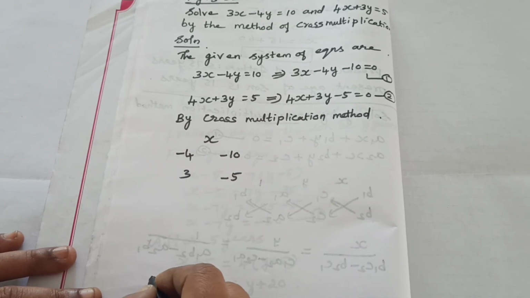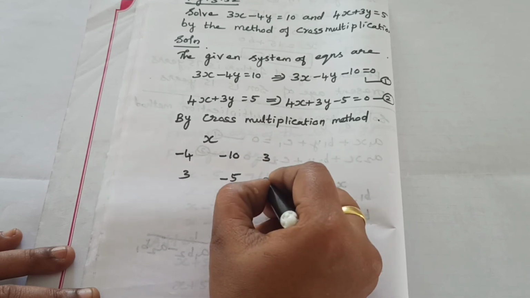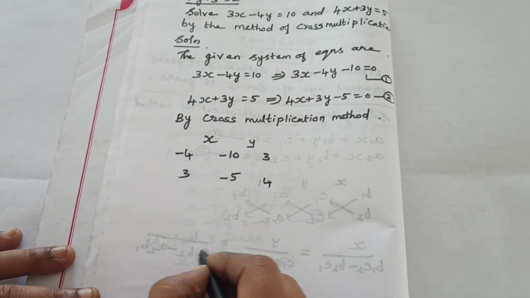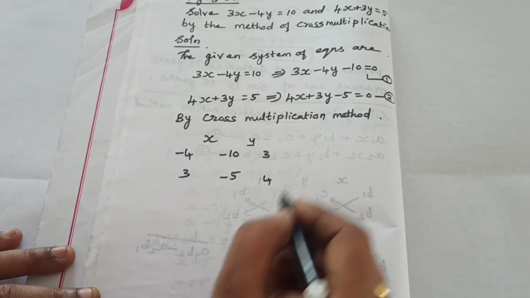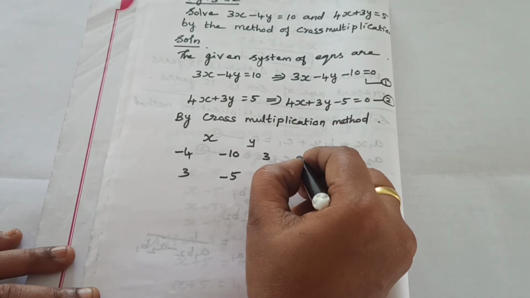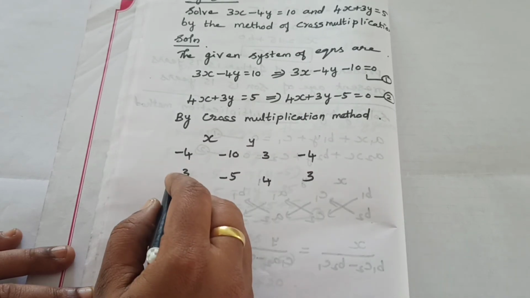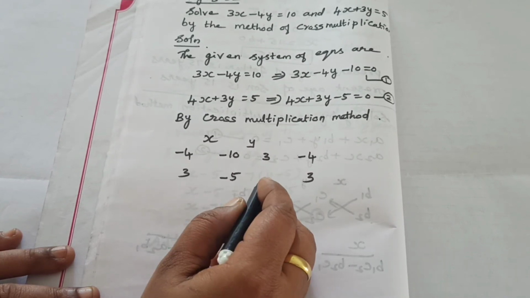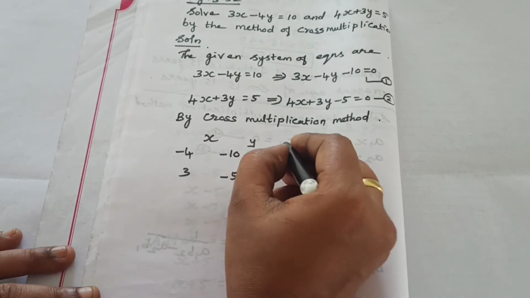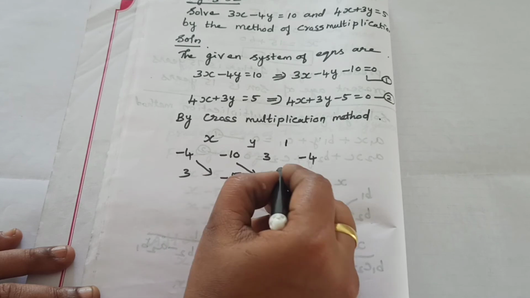Then afterwards the x coefficients 3, 4, then the middle y coefficients again minus 4, 3. First y coefficient, constant, x coefficient, then y coefficient, and the middle one you should write it. Then cross it.